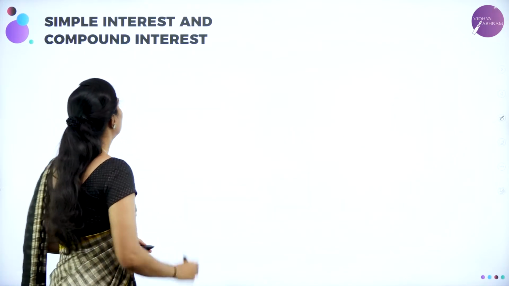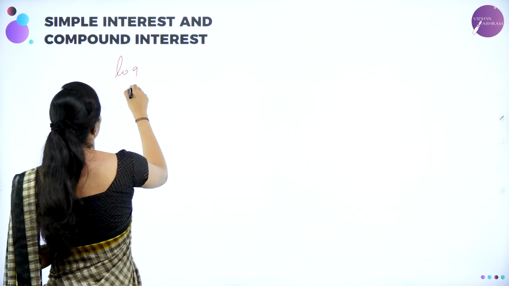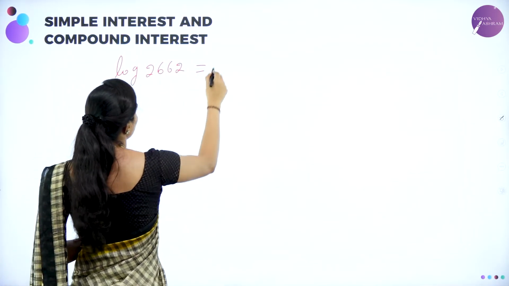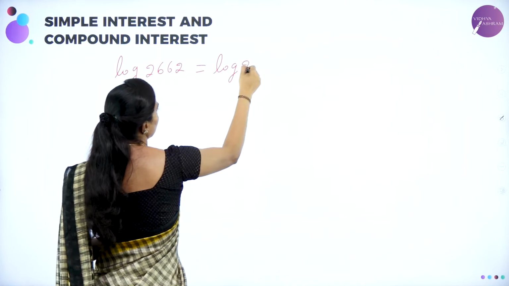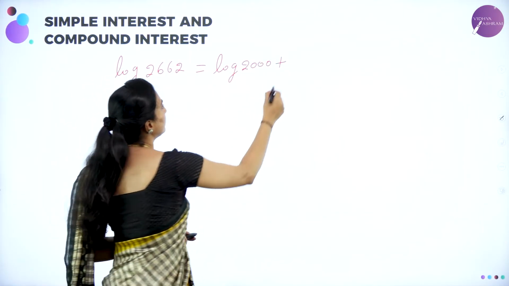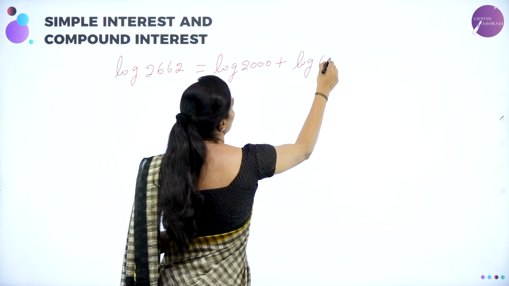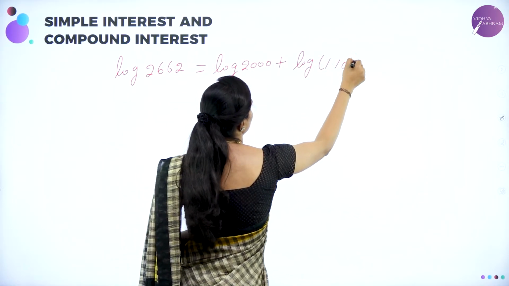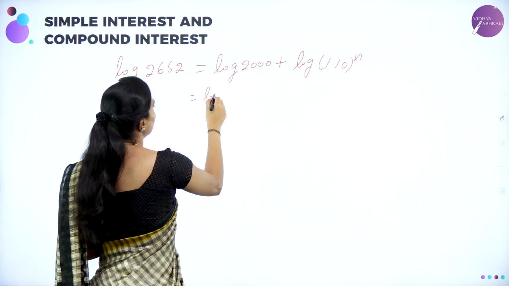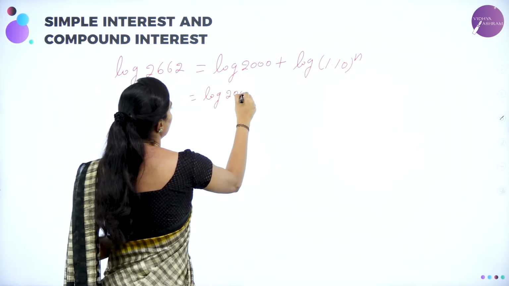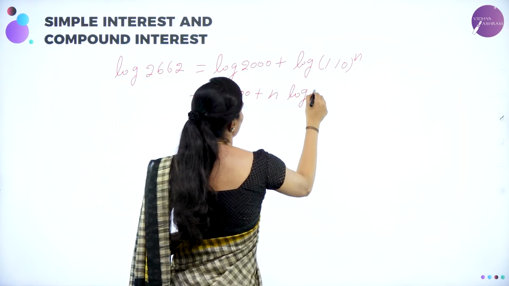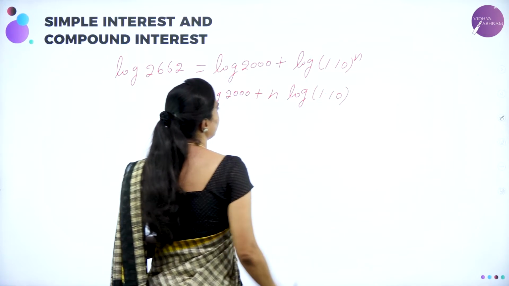So therefore log 2662 is equal to log 2000 plus log 1.10 whole to the power of N. This is again log M power N, which is log 2000 plus N log 1.10.